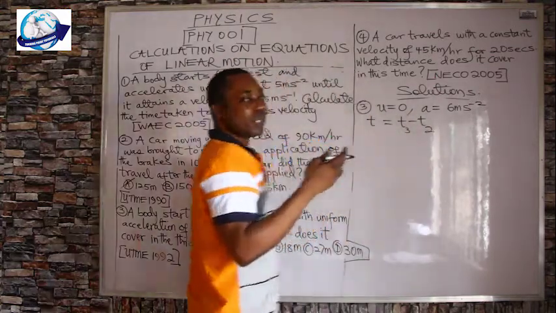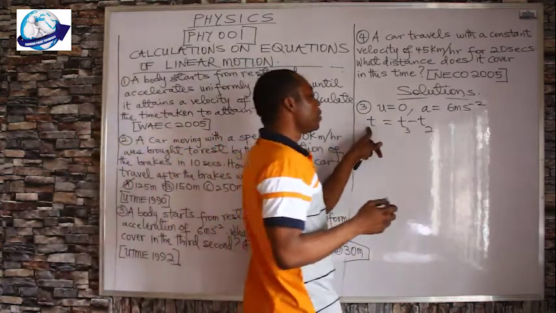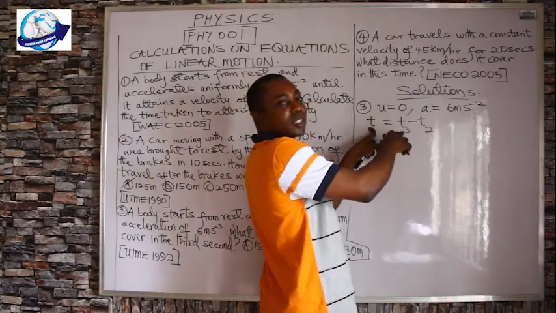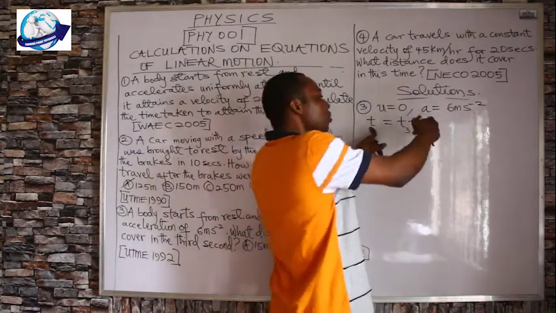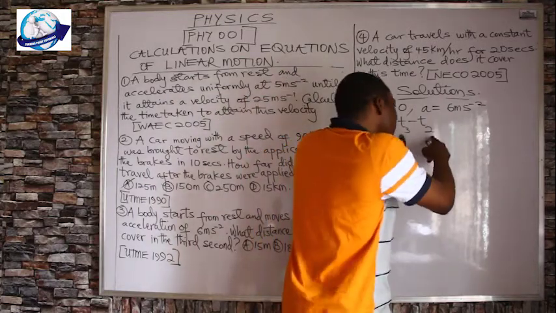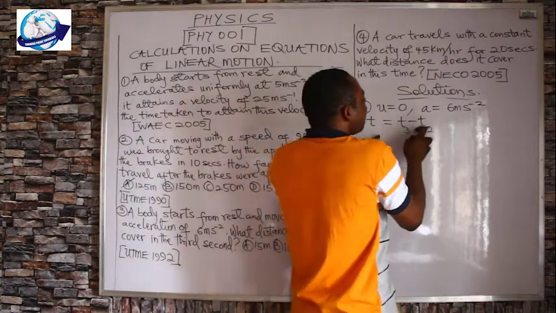You find the difference between the third time and the second time. So the time now will be t3 minus t2. T is equal to t3 minus t2.